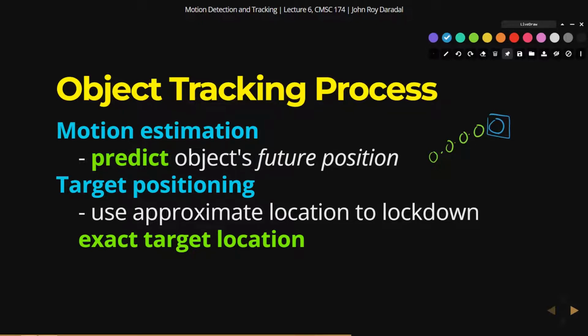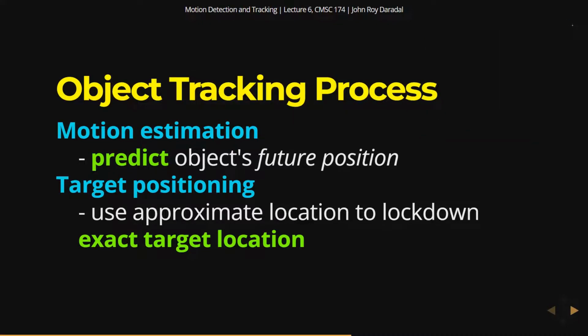Okay, so use the approximate location to lock down the exact target location. So if you're starting at the new frame, you won't start like at a random spot. You don't need to start here, you don't need to start here, because based on motion estimation, you know that it would be somewhere around this area. So you can already narrow down your starting spot. Okay, so those are the four stages or four steps in object tracking.